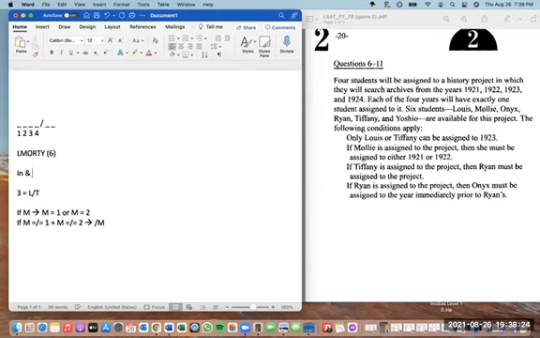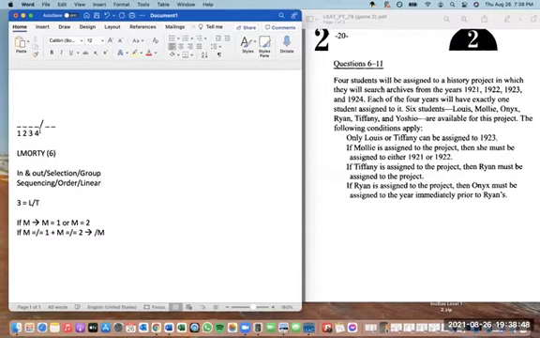So in and out, or selection would be another word for that, is the grouping component. So we have an in group and an out group. And then we also have a sequencing component, which we could also refer to as the ordering component or linear component, because we do have 1, 2, 3, 4.